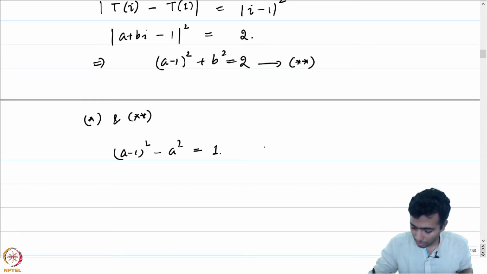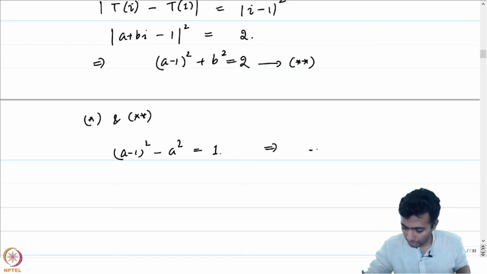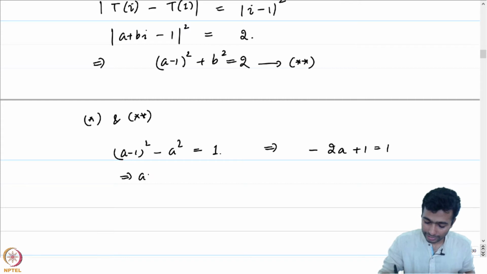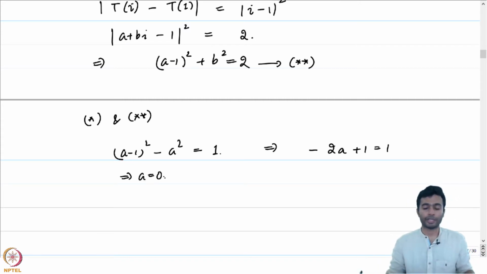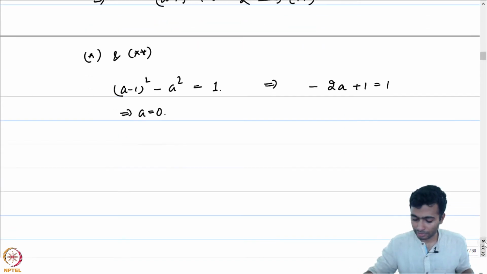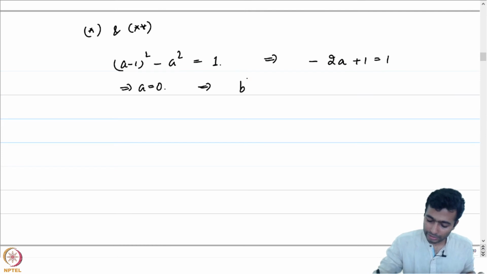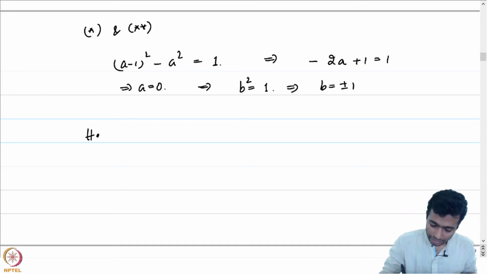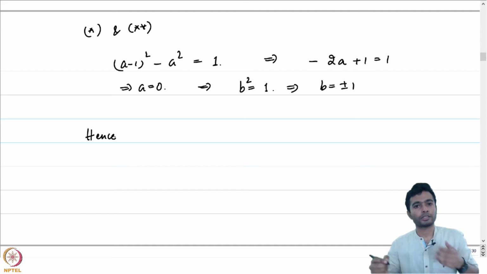Just solving it straight in, it will be minus 2a plus 1 is equal to 1, which gives a is equal to 0. Therefore a is forced to be 0 here. That means b squared is equal to 1, and therefore b is plus or minus 1. So T of i is either i or it is minus i.